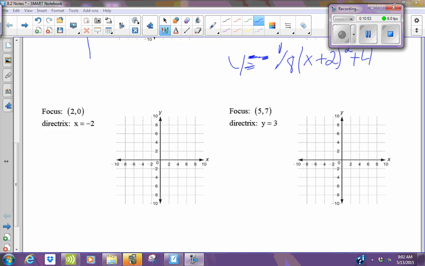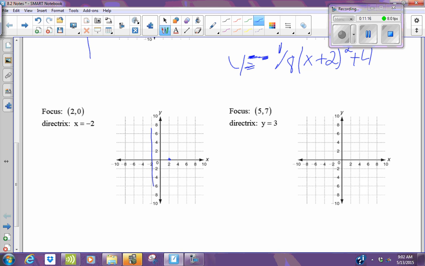I don't understand. Okay, so your directrix is -2. All right. And then the focus is 2, 0. So you're going to go to 2, 0, make a little point.